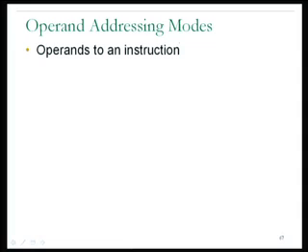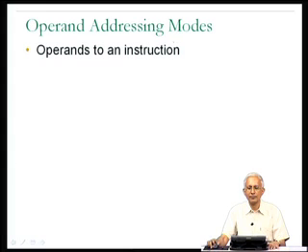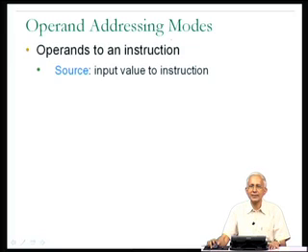So here in the slide we talk about the operand addressing modes, and the question that one should first ask is, where can the different operands to an instruction come from? So I have an add instruction. What are the different possibilities as far as where its operands could come from? With a little bit of thought, you'll realize that any add instruction is going to have two kinds of operands.